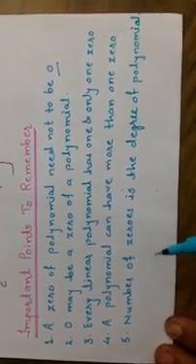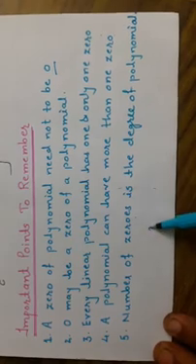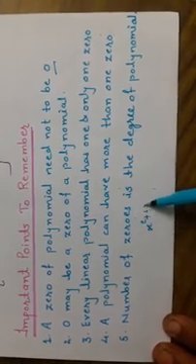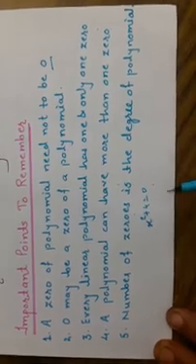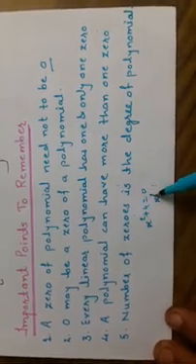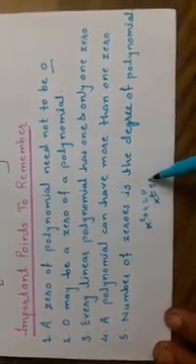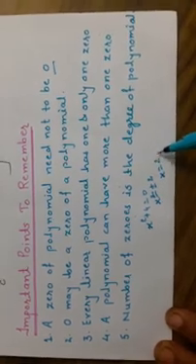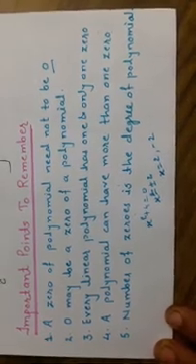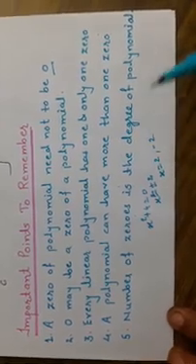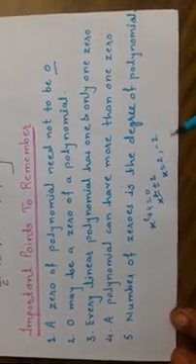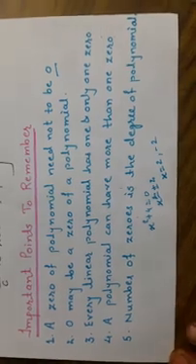Suppose we take the quadratic polynomial x square minus 4, then in such a case we will get two zeros of the polynomial, that is x is equal to plus minus 2, means x is equal to 2 and minus 2 also. And when we take the cubic polynomial, then we will get 3 zeros of the polynomial.